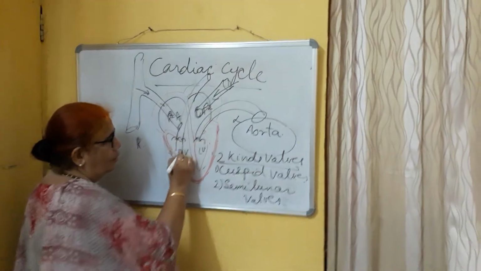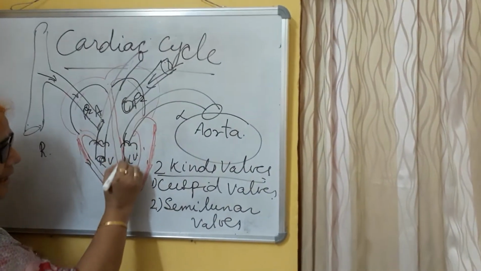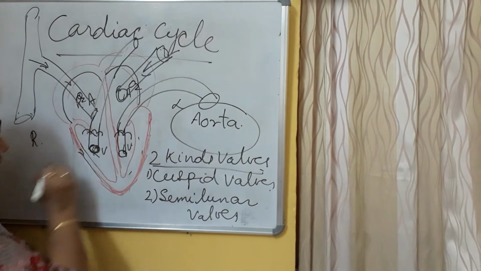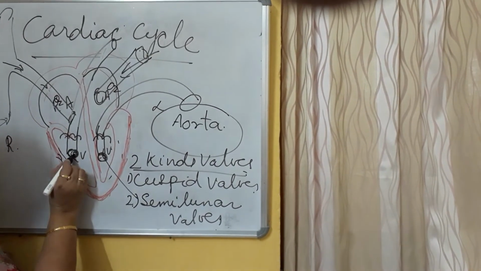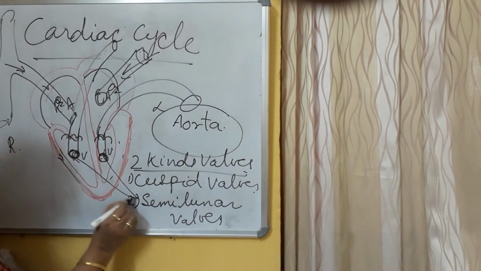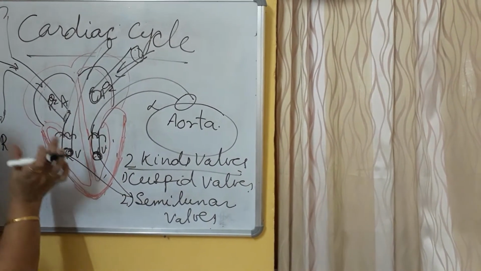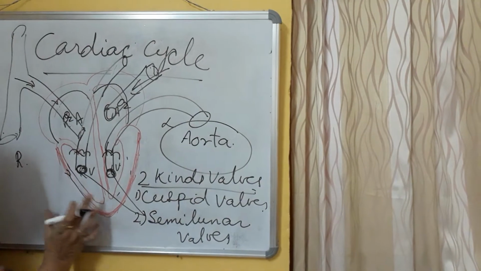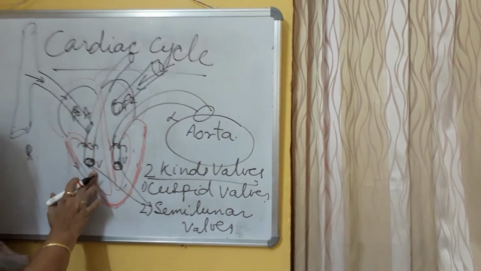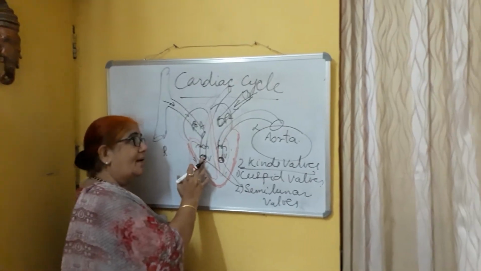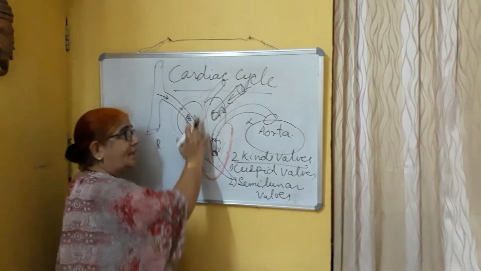Where are they? The semilunar valves are there in the vessels from the ventricles which are distributing the blood. The right ventricle is distributing the blood through the pulmonary artery to the lungs.